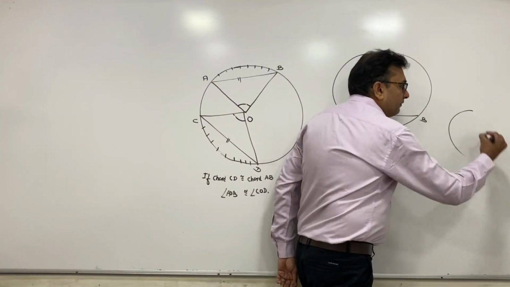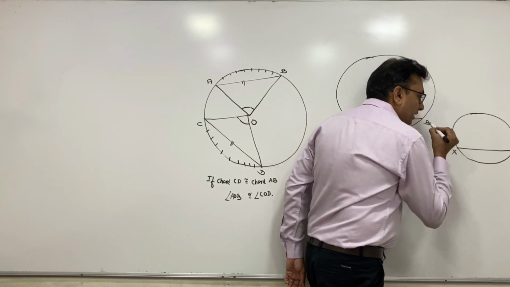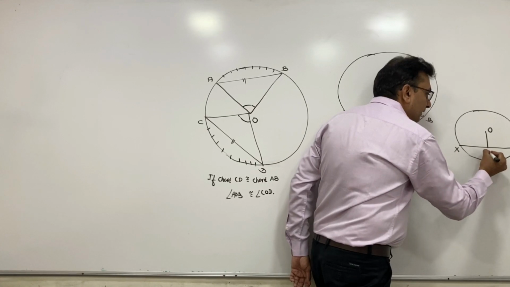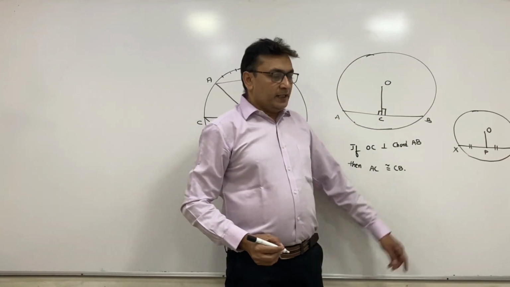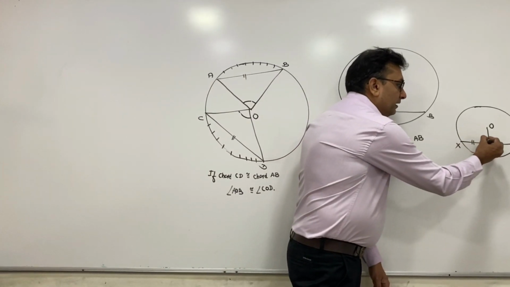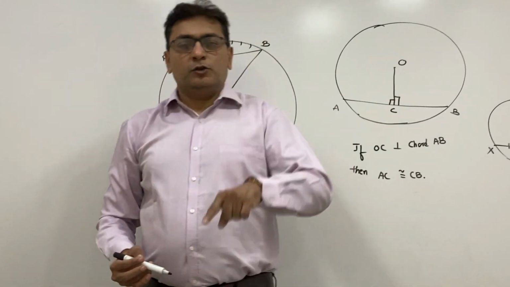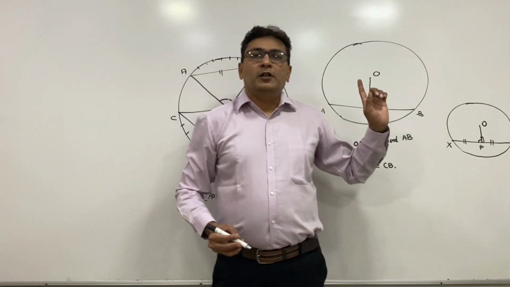What would be the vice versa of this one? The vice versa will be like this. Suppose this is the chord, this is the center, this is the line, and if these two are equal, then this angle will be perpendicular. A line joining the center of a circle to the midpoint of a chord is always perpendicular to the chord.